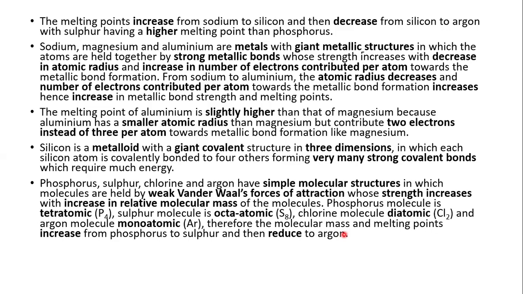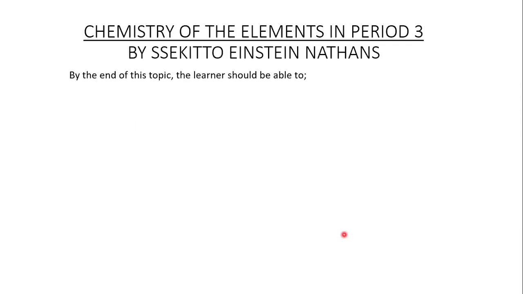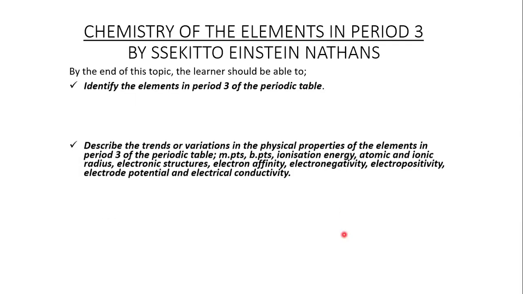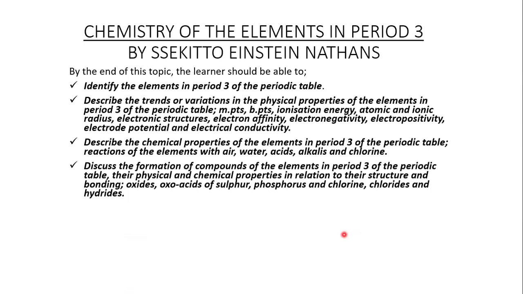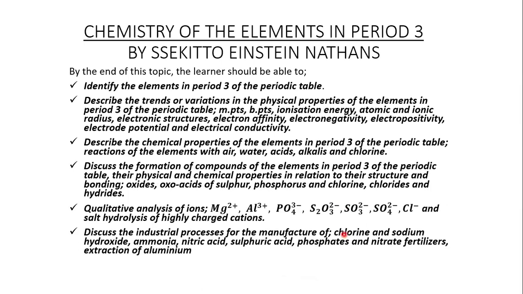We are going to look at the chlorides of period 3. I put all the description of what we need to cover in this first slide. So this is what we need to cover.